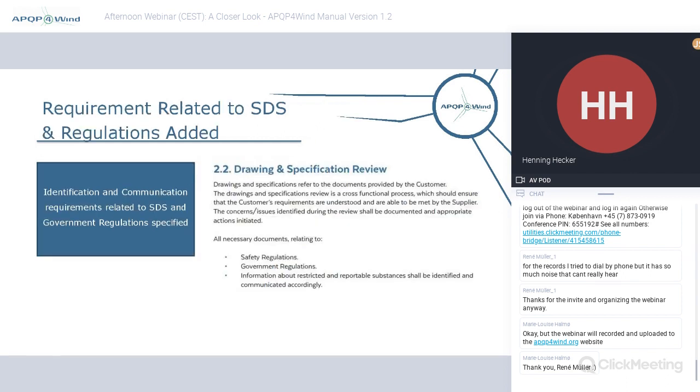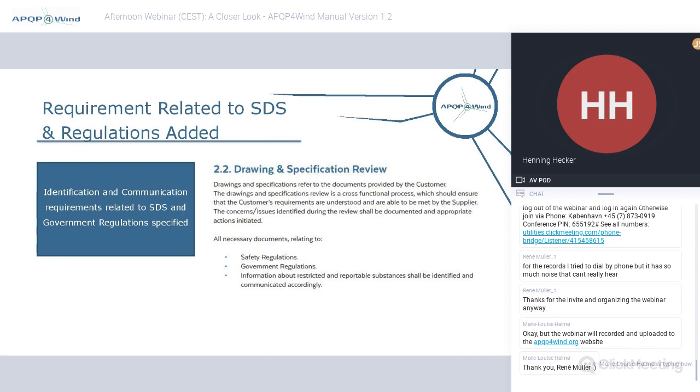The last thing, we made a change on some recommended documentation, especially as we heard from several areas that the safety and government regulations are of interest right now. So the safety data sheets are now added to the information.